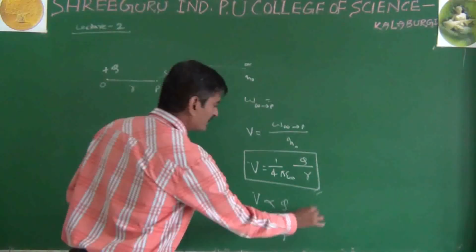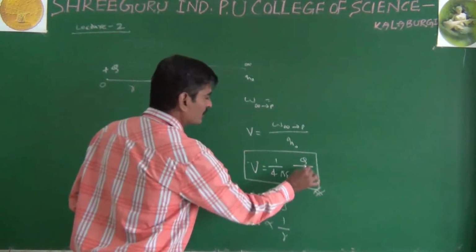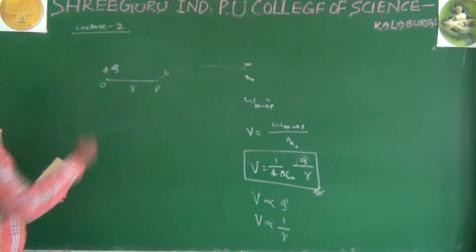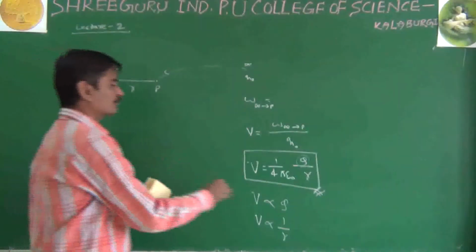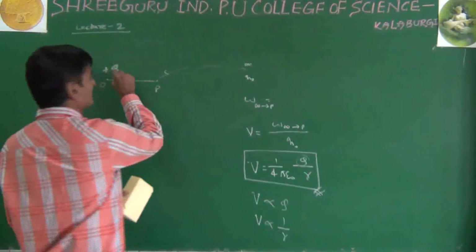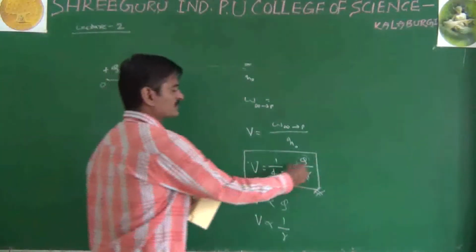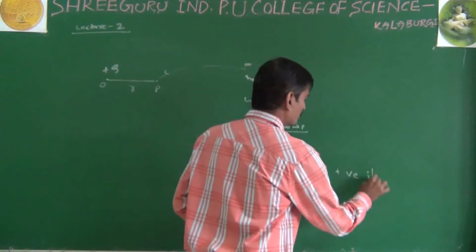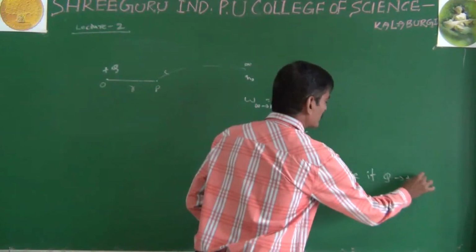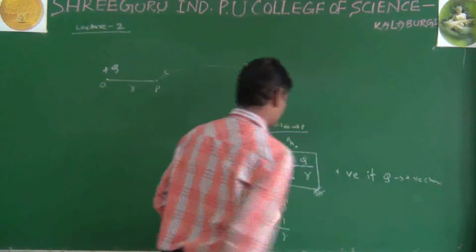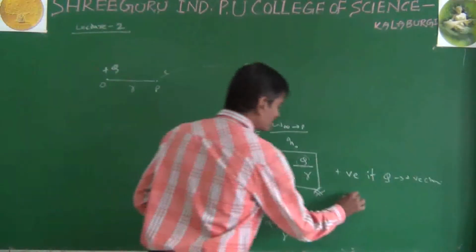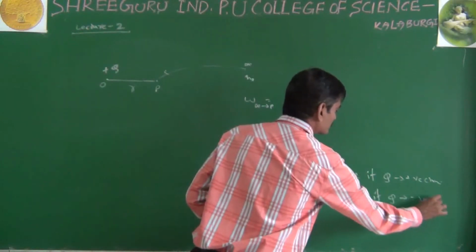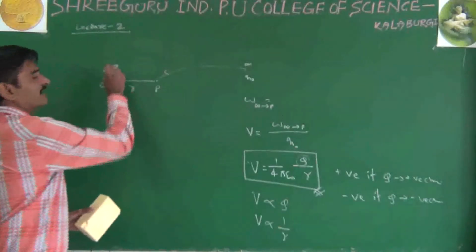So now, while writing this formula, we have to give importance to the sign of the source charge. Electric potential will be positive if Q is a positive charge, and electric potential will be negative if capital Q is a negative charge.